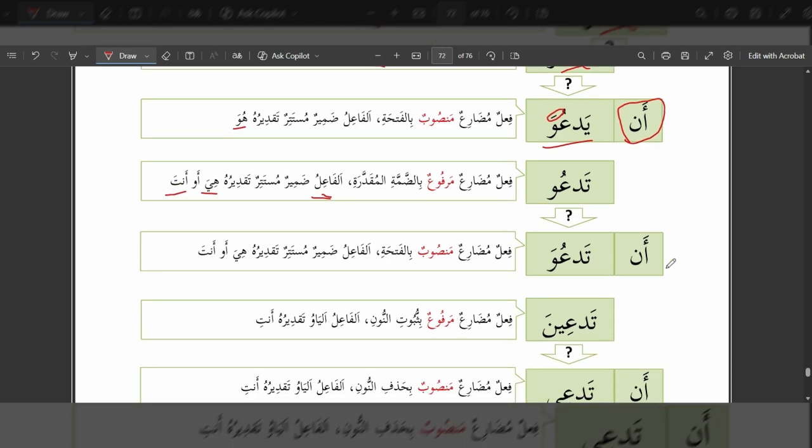So when we put an tad'u, again when we put an, this has to change into the mansoob form, which will then become an tad'uwa. So فعل مضارع منصوب بالفتحة. That is the present tense in the mansoob form with the fatha. And the fa'il is again ضمير مستتر تقديره هي أو أنت. So it's a hidden attached pronoun which is either going to be hiya or anta, she or you.